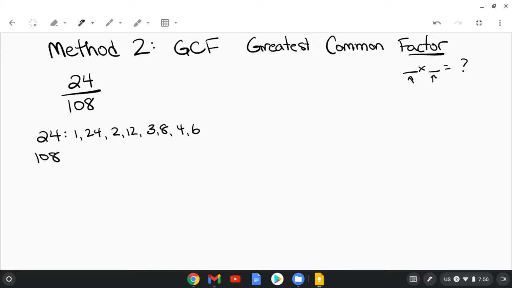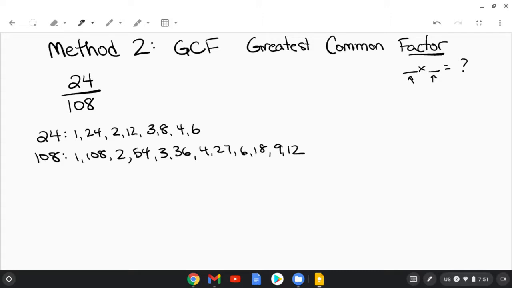And the factors of 108 would be 1 and 108, 2 and 54, 3 and 36, 4 and 27, 6 and 18, and 9 and 12.